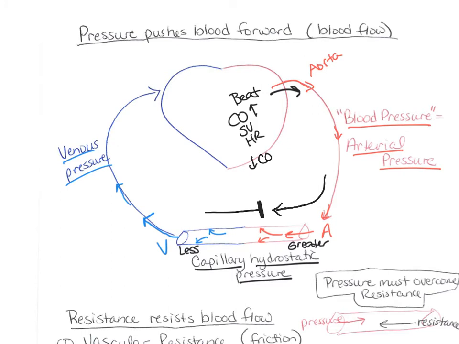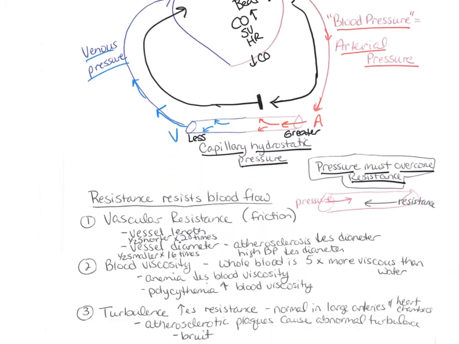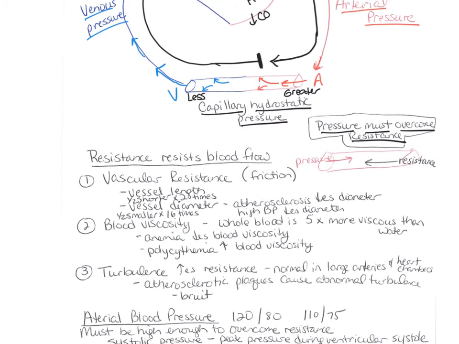In order for the blood to leave the heart, go through the arteries, go through the capillaries and then go back to the heart again, the pressure must overcome the resistance. So let's take a look at pressures and resistance.